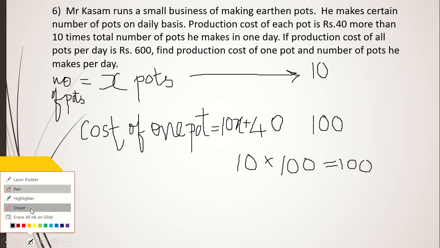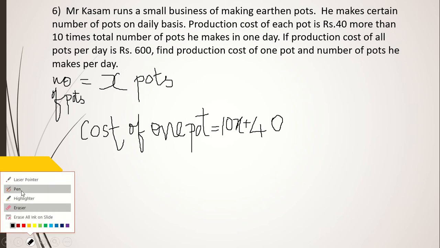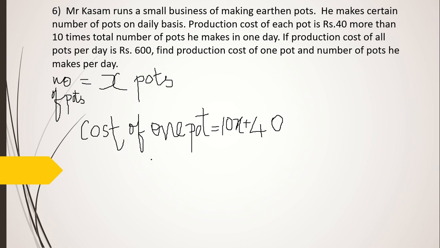So similarly now, by given condition, we are going to get the condition. And what is the condition given? If production cost of all pots per day is 600. So by given condition, production cost of all pots is going to be equal to x into 10x plus 40, and that's going to be equal to 600.